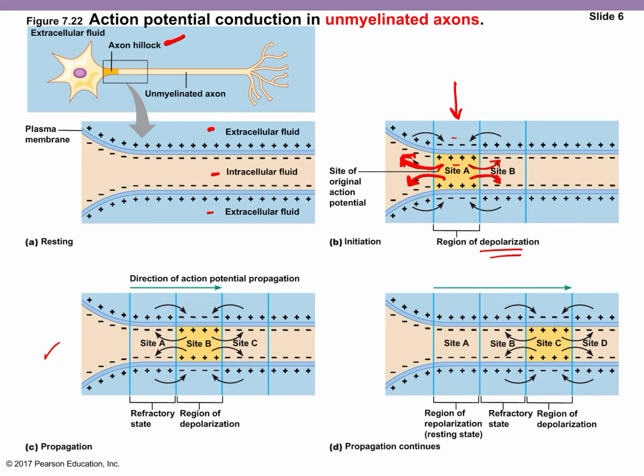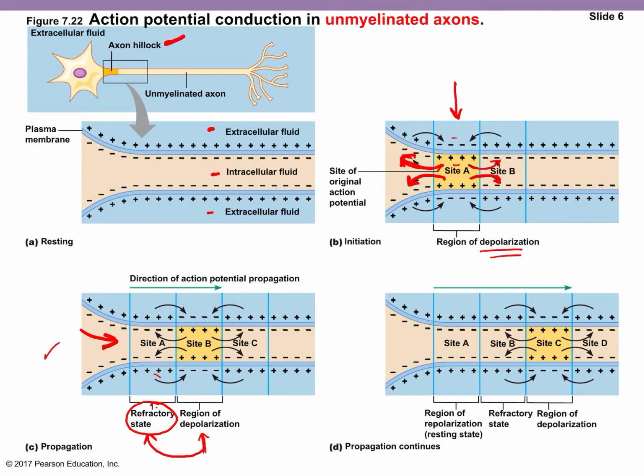If you look at letter C, site B is now having an action potential. It's depolarizing, but it doesn't travel backwards. The depolarization in site B does not create another action potential on site A because site A is in its refractory state. For site A to create another action potential, it would have to be a much, much stronger stimulus coming from this side.